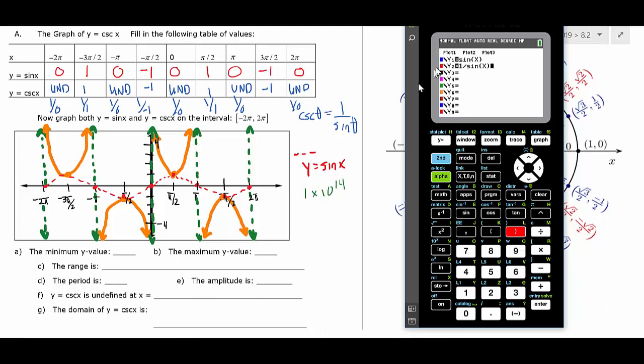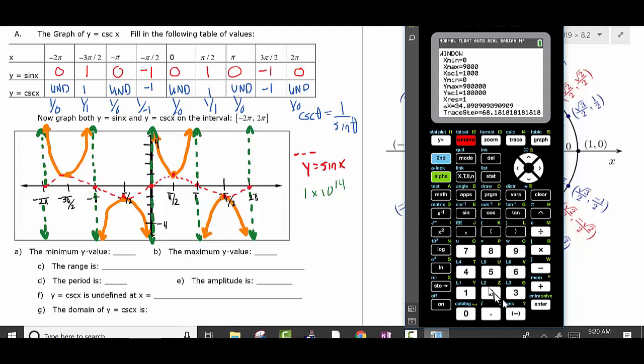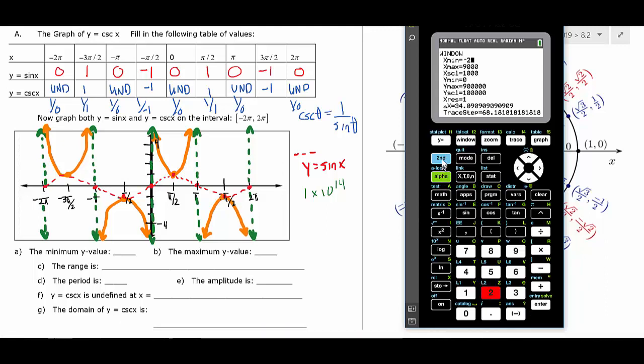Then I'm going to change the mode to radians and set the window. You want to start at negative 2 pi for your minimum. We're going to go all the way up to 2 pi on the x-axis, like we did in our chart. And then we're going to scale that by pi over 2. So I just put pi divided by 2, which changes those things to decimals.